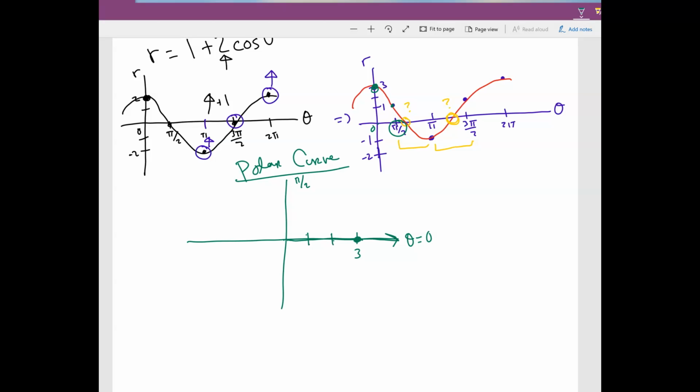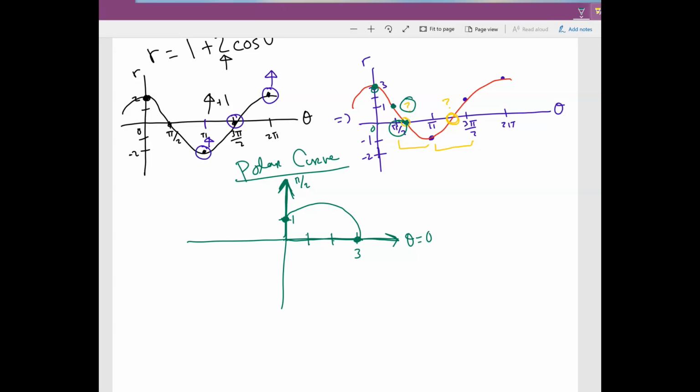Then at pi over 2, we go up 1 unit in this direction. Basically, this looks kind of like this: you start at 3, and now you're going to go to 1, in that direction. Now notice that right before we go to pi, it goes to 0 at some unknown angle.